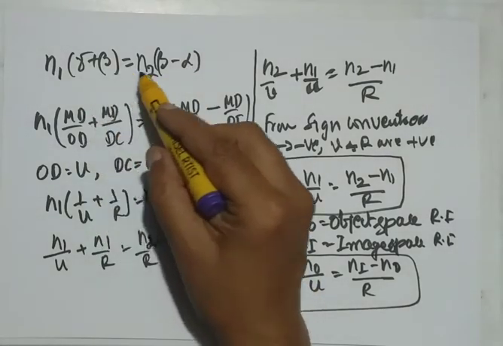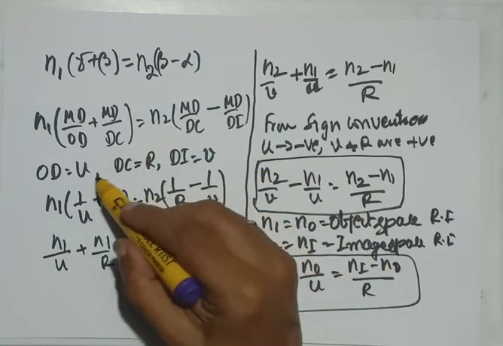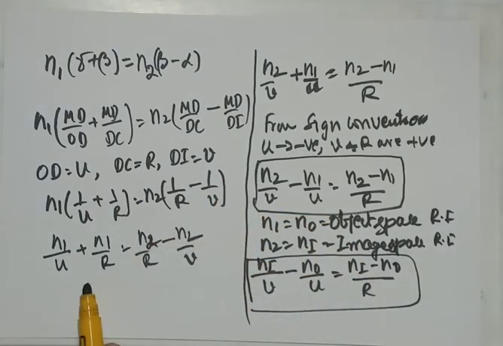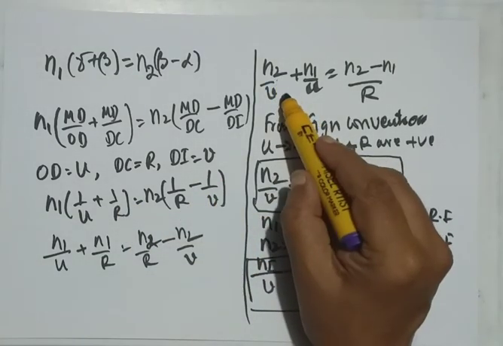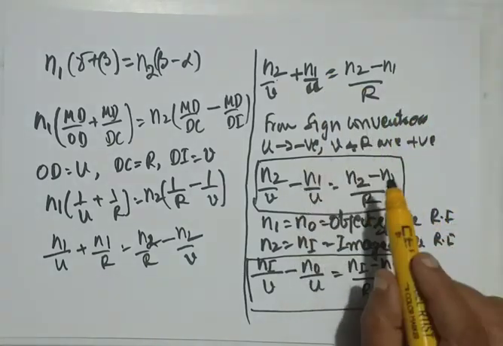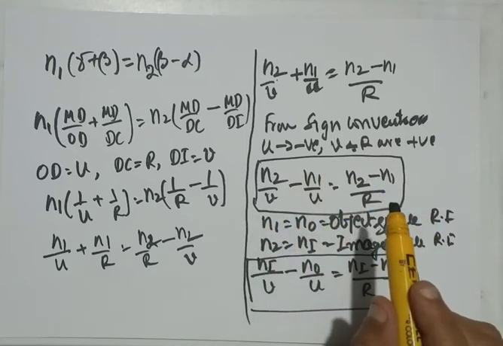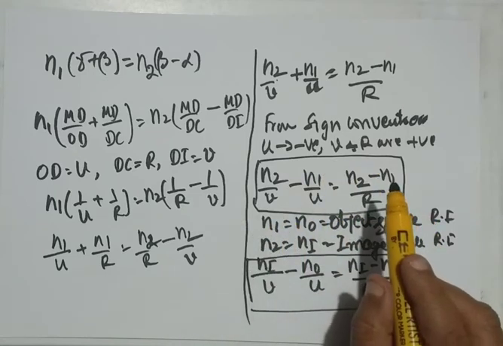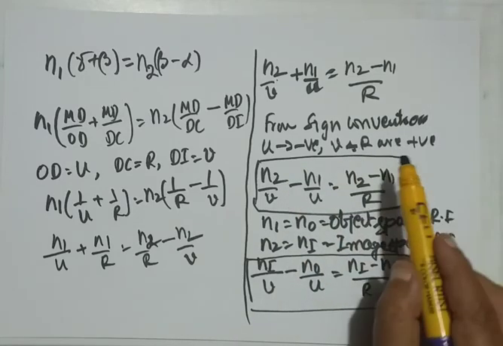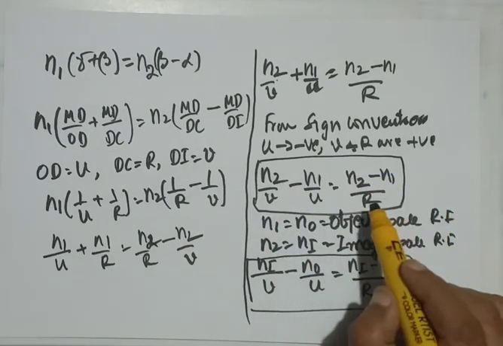Now we substitute for gamma, beta and alpha, and substituting for OD as U, DC as R, DI as V, we get this and we rearrange the terms to get n2 by V plus n1 by U equals n2 minus n1 by R. From sign convention, U is negative because it is towards the left of the incident ray direction, that is in the opposite direction to the incident beam. V and R are positive because they are measured in the same direction as the incident beam. Therefore, we get finally this relation.